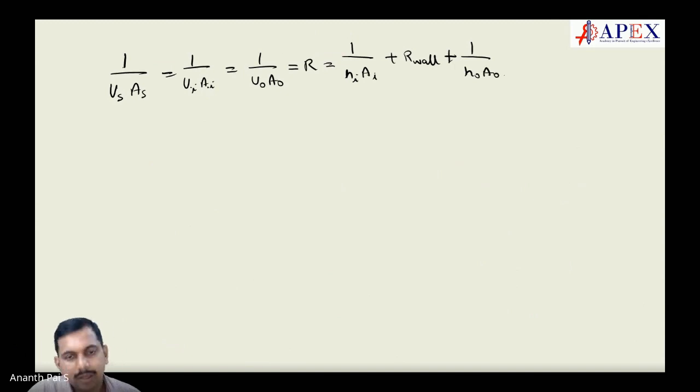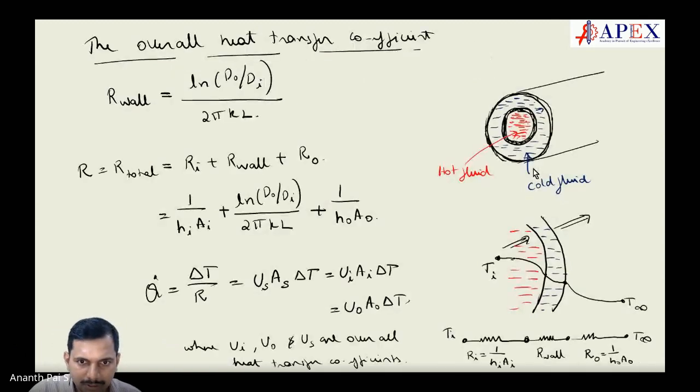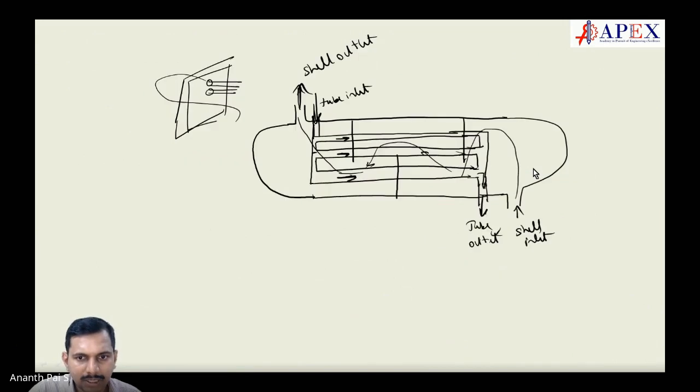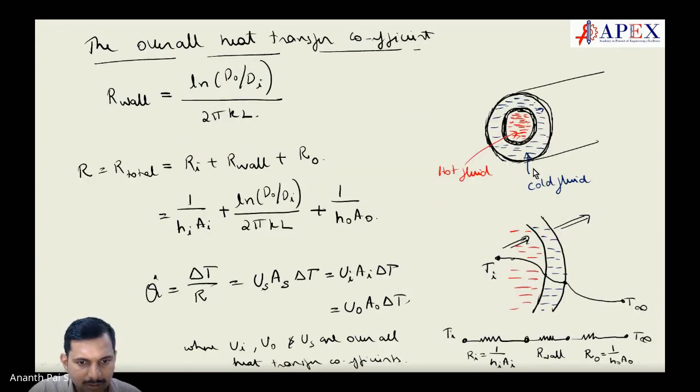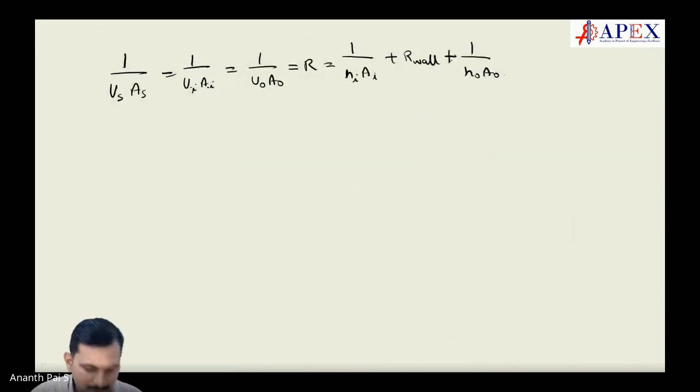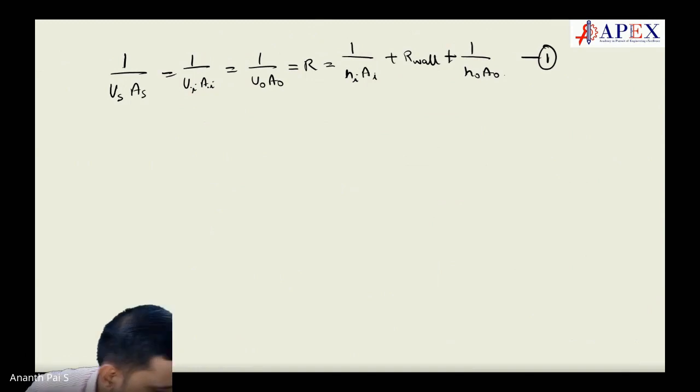Very important. I did a mistake yesterday. I should not repeat it. The mistake I did was I did not name. Is it not? So let us name it first. So let this be equation number 1.